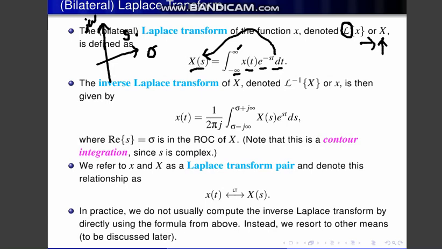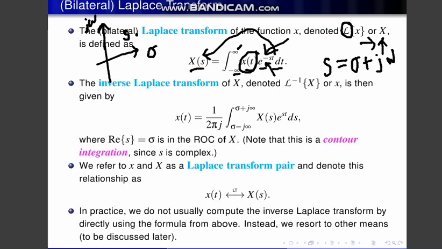These equations are quite similar because you just have to put the function here, x of t, and multiply with e to the power minus st. Whenever you use the Fourier transform, you use minus j omega t, and whenever you use the Laplace transform, that is minus s t, where s is equal to sigma plus j omega.